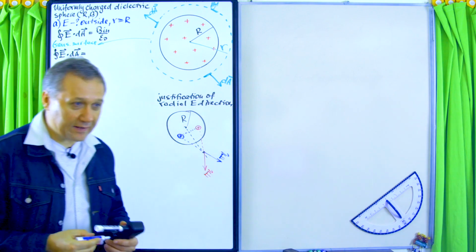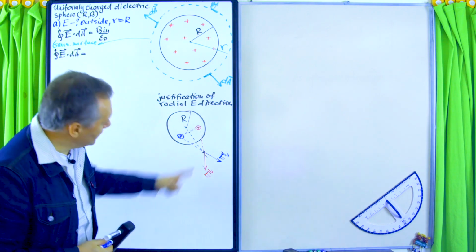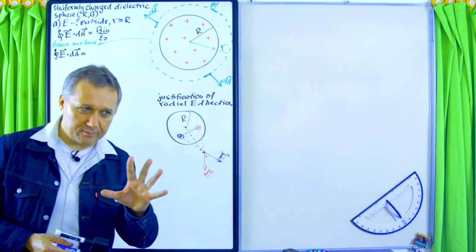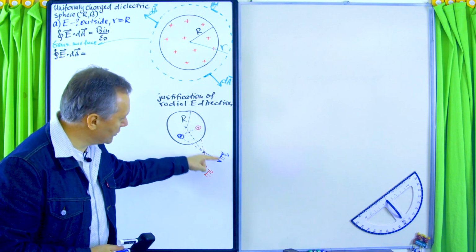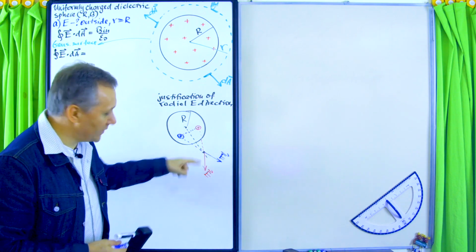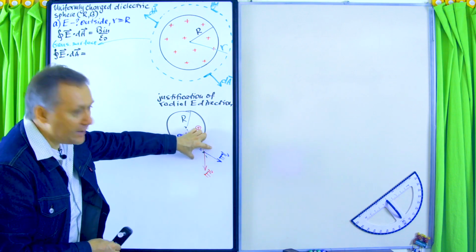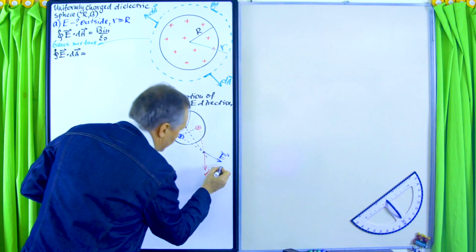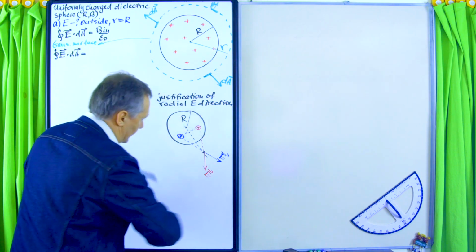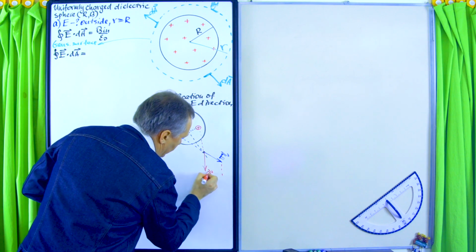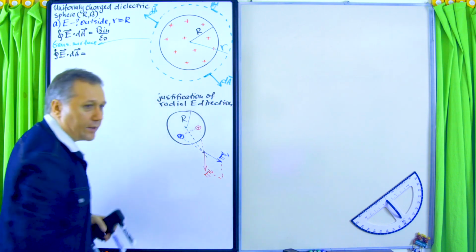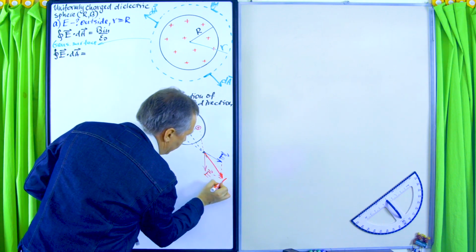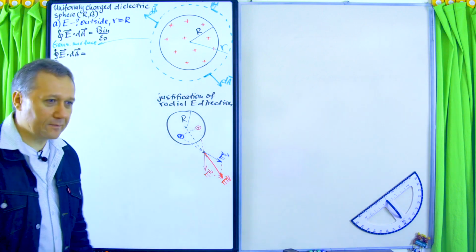And now let's add these two vectors. The tangential component of the blue field and the tangential component of the red field cancel each other out. And if you add the radial components, of course, they will give us this net electric field, pure radial.